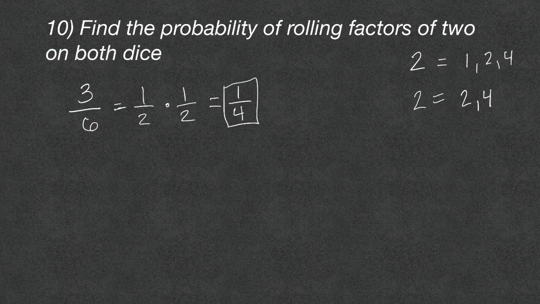If we look at the probability of rolling factors of 2 on both dice as just being 2 and 4, we have 2 possibilities out of the 6, that reduces to a 1/3, and we have 2 dice, so that gives us a 1 in 9.